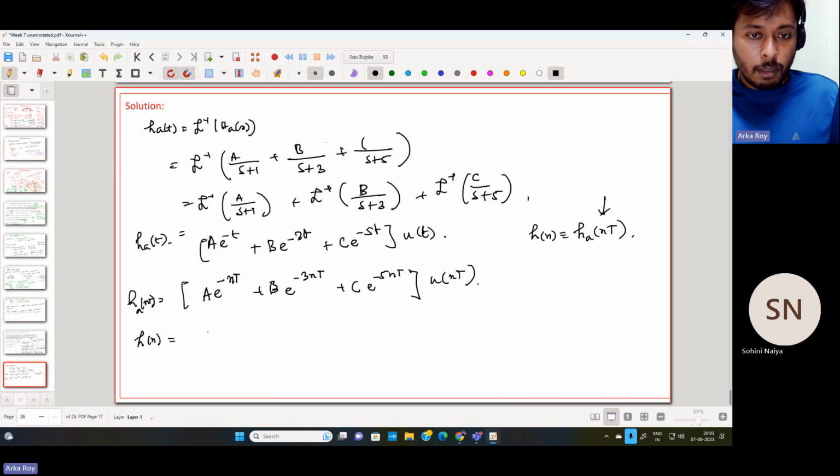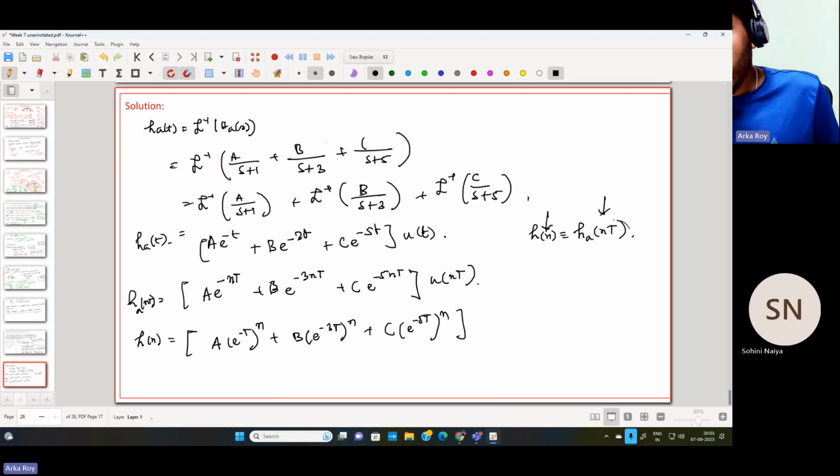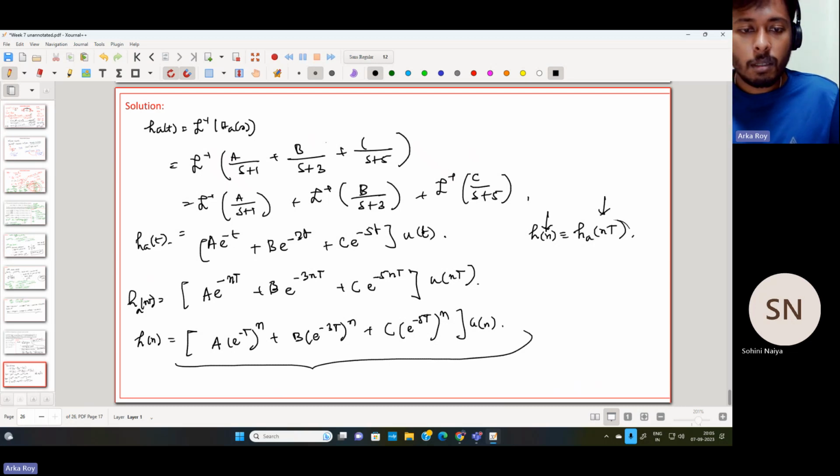Now I can write it as h(n), taking a modified version: a e^(-t n), b e^(-3t n), and c e^(-5t n). And if I get h(n) from h_a(nT), then from u(nT) I will get u(n). So h(n) is represented using this particular representation.